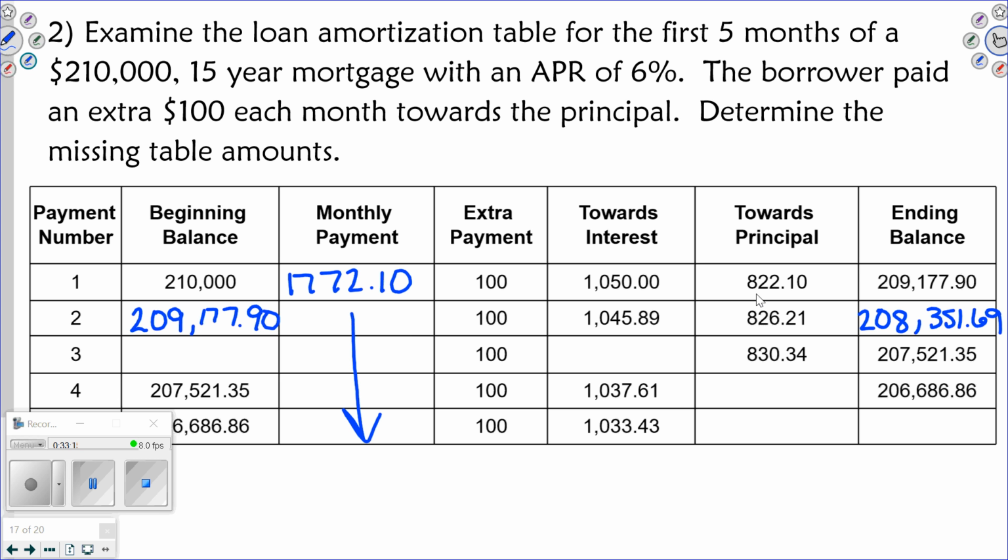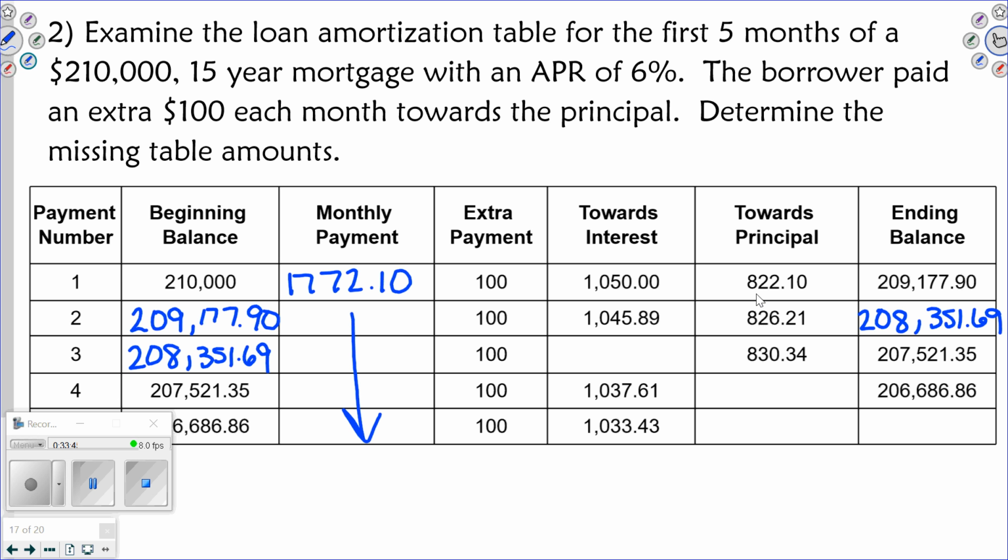Do I know this one? Yeah, it's just going to be that one. Okay. Towards interest. I could use the PRT thing. Do I have to use the PRT thing? You were right the first time.